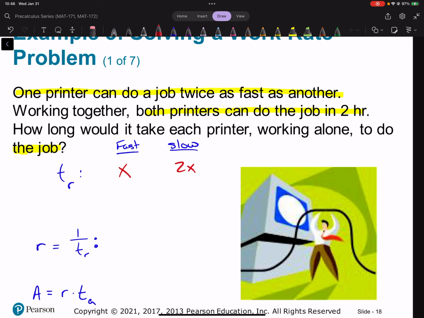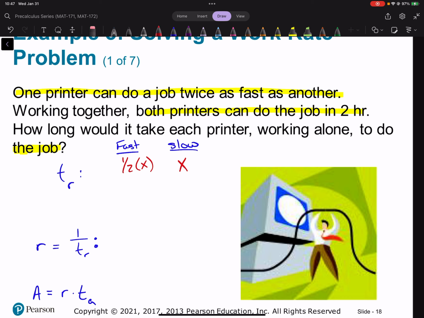So you can either define it like this, or another way you can represent it, and I think this is how the book does it. It says one printer can do the job twice as fast as another. So we're using the slow printer to define the fast one. It's going to take the slow printer X amount of time, and the fast printer half that amount of time to complete the job.